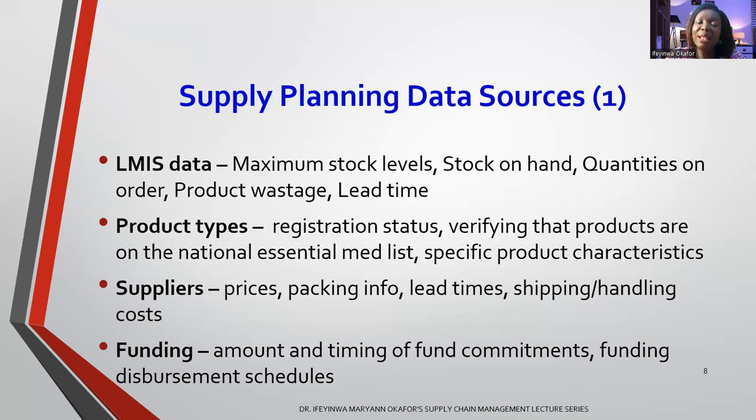Another data source is product types, the type of product that you want to procure. You need to know the registration status of the product. You need to verify that the products are on the National Essential Medical List. And you need to know the specific product characteristics. The next thing you need to do is to get your suppliers.